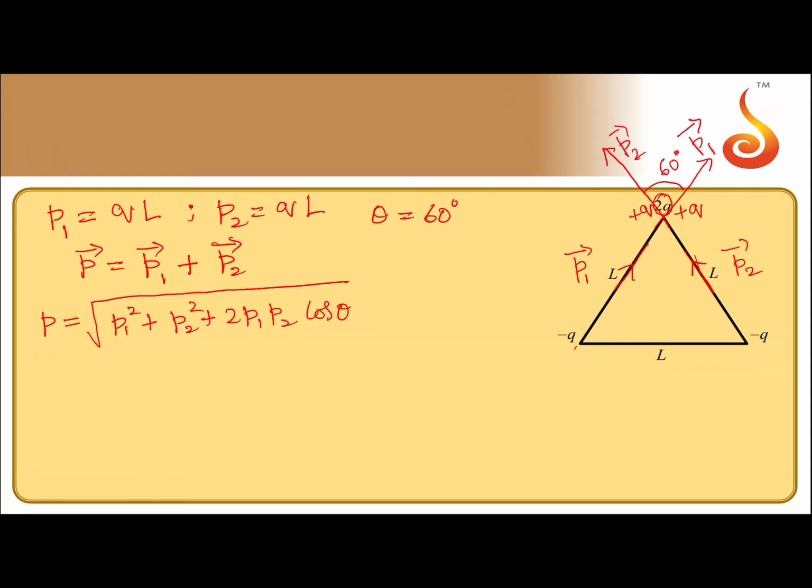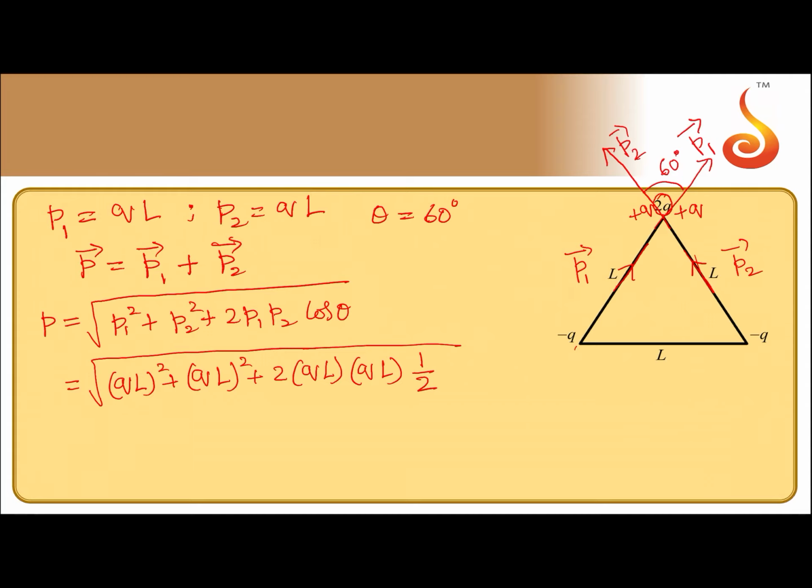P1 is Q into L. So it is (QL) squared plus (QL) squared plus 2 into QL into QL into cos 60 degrees, which is half.